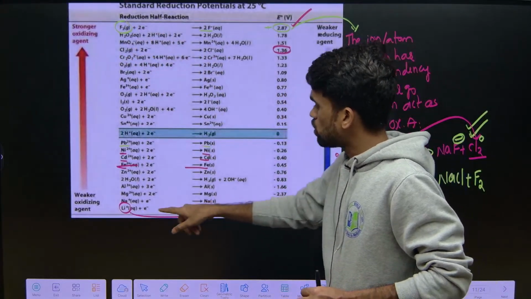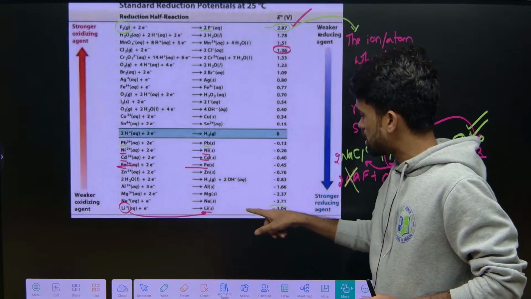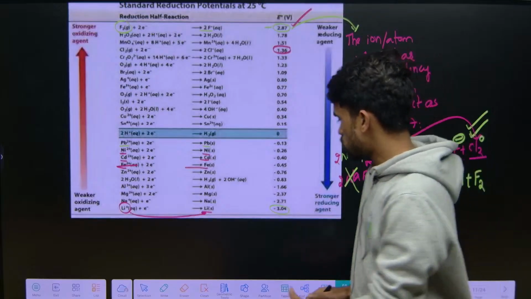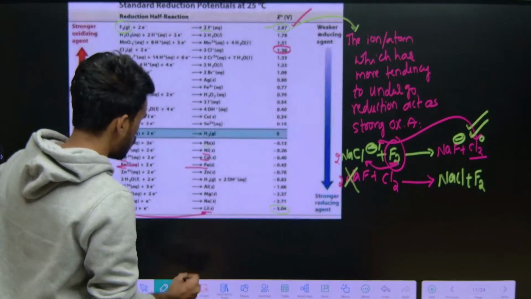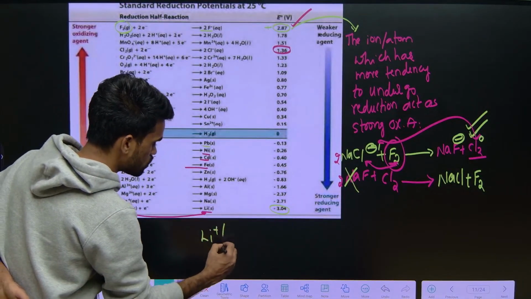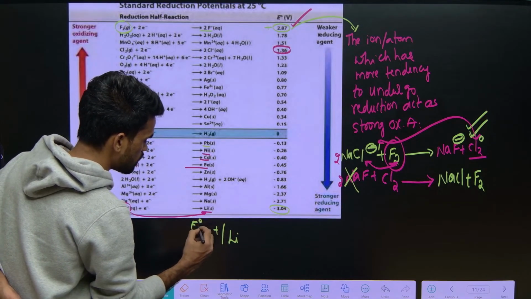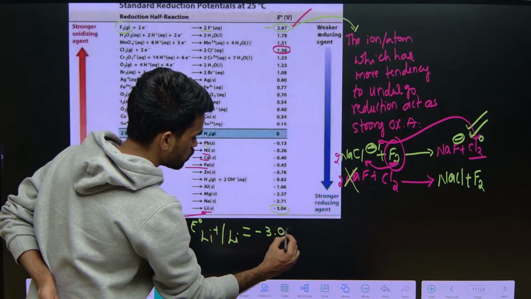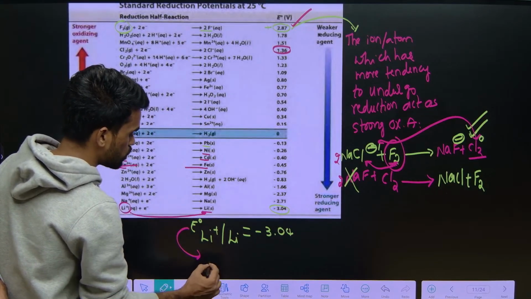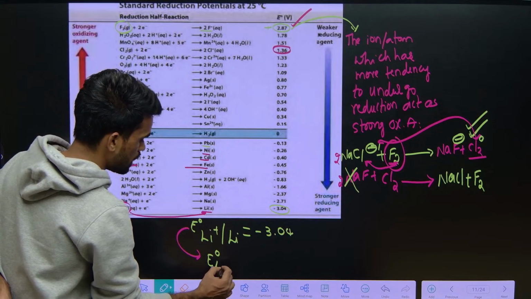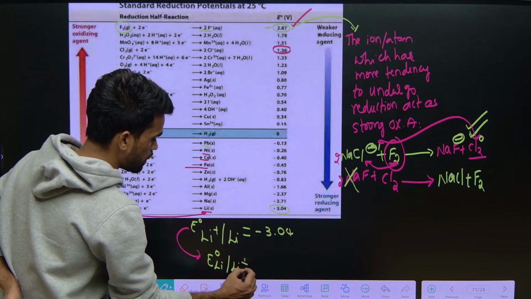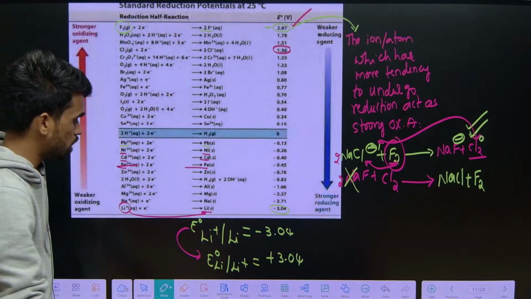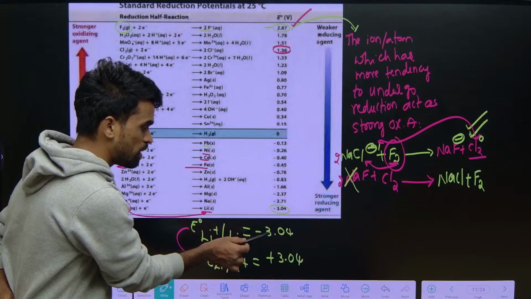Now if you look at the bottom, the reduction potential value for lithium is negative. The standard reduction potential of Li⁺ to Li is -3.04. Then what about its oxidation potential? E° of Li to Li⁺ will be +3.04. Oxidation potential has the same value with the opposite sign.